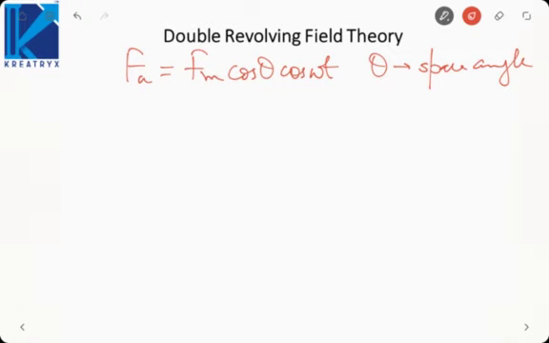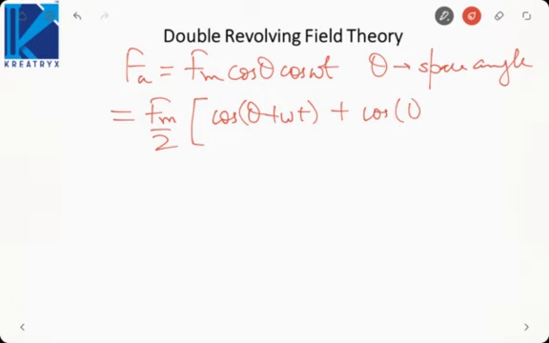Now we can break it something like this. Fm by 2, since cos A cos B can be written as cos of A plus B plus cos of A minus B. Out of this, theta plus omega t represents backward rotating and theta minus omega t represents forward rotating.